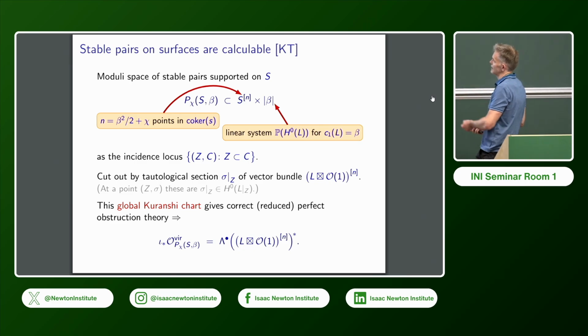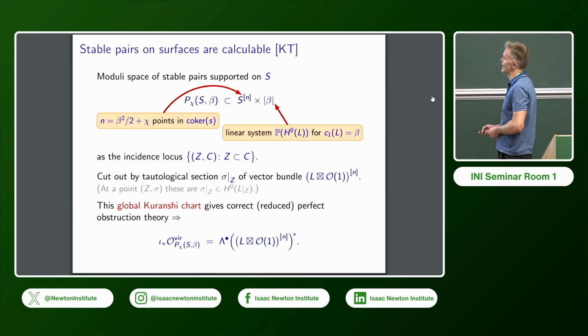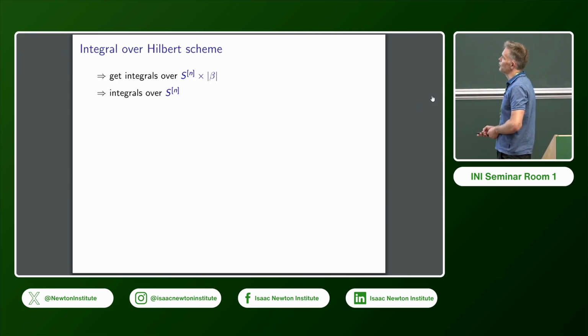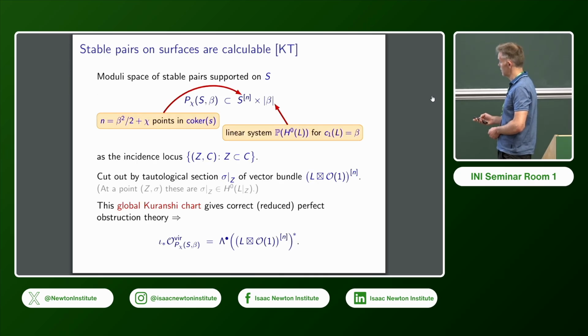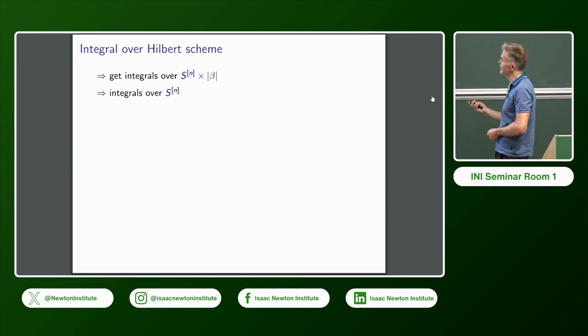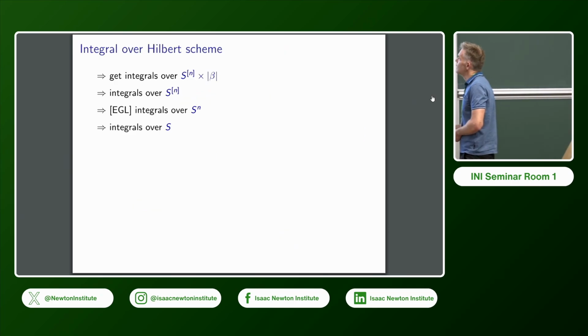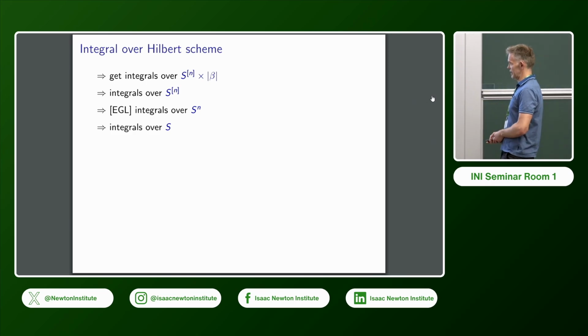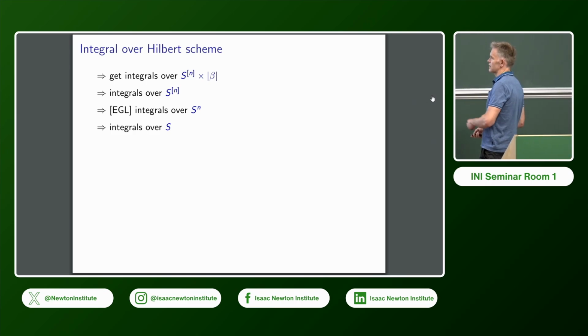And Martijn and I did, and we did it in the more complicated case of a general surface. And what you find is that you get integrals over this ambient space here, and then you can push them down to this factor, and so you get integrals over the Hilbert scheme. And then Ellingsrud, Göttsche, and Lehn tell us how to turn those into integrals over the product.